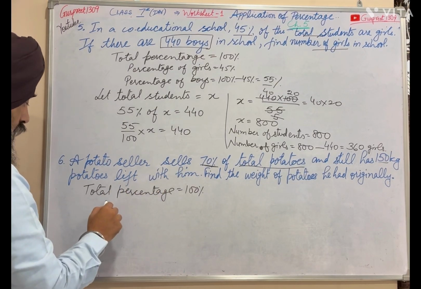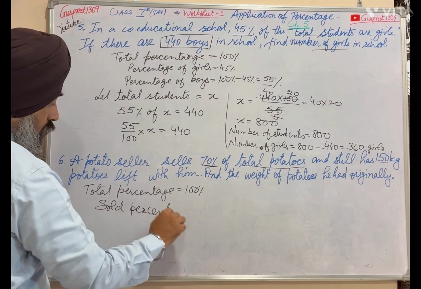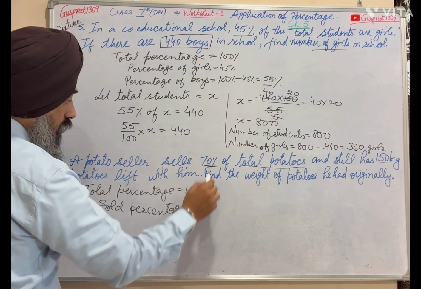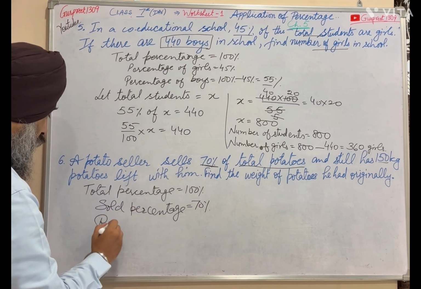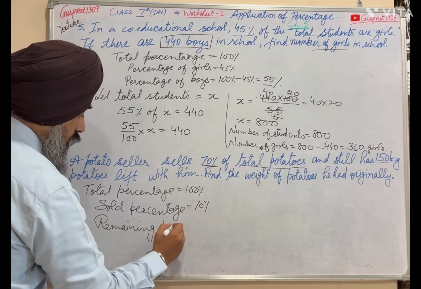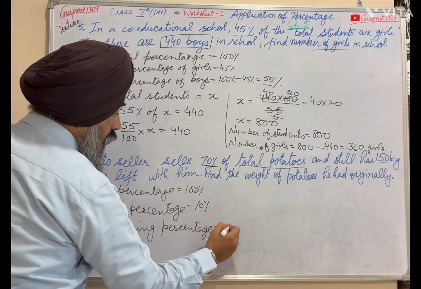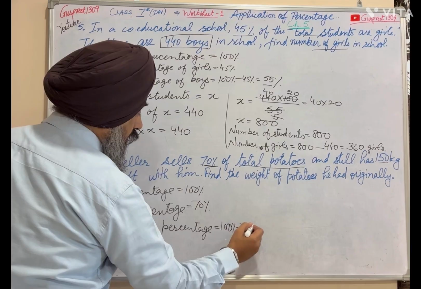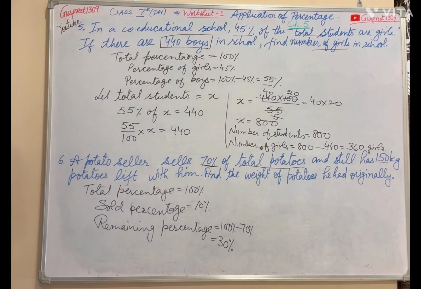Now the sold percentage is 70%. So the remaining percentage is 100% minus 70%, which is equal to 30%. Right?